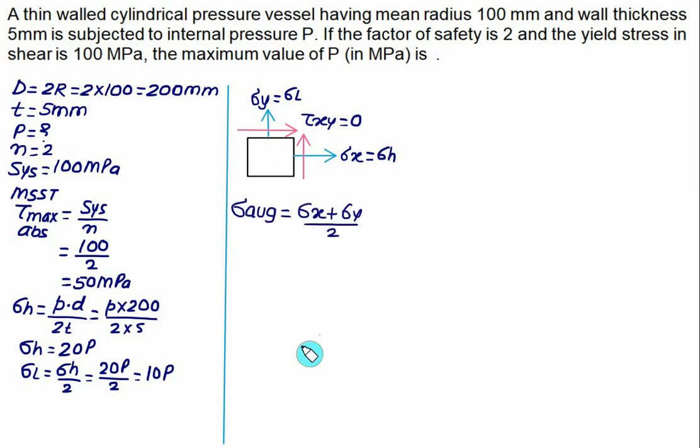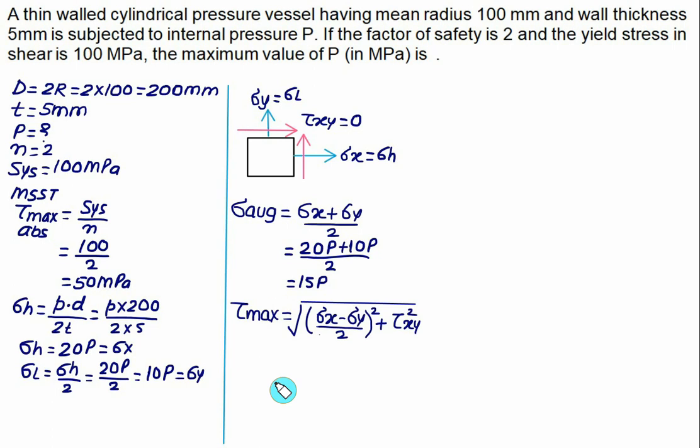Average stress is sigma X plus sigma Y by 2. We have sigma X equal to 20P and sigma Y equal to 10P. So we have 20P plus 10P divided by 2, that is 30P divided by 2, which is 15 times P. Then we'll calculate the maximum shear stress in the plane of shear.